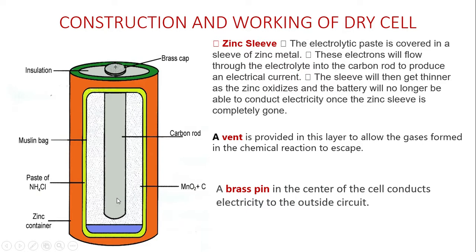A vent is provided in this layer to allow the gases formed in the chemical reaction to escape. A brass pin in the center of the cell conducts electricity to the outer circuit. So this was the construction of the dry cell.